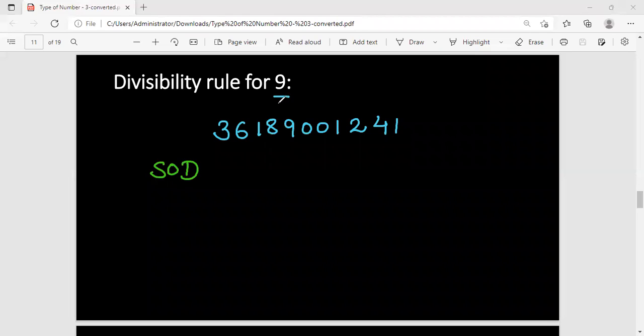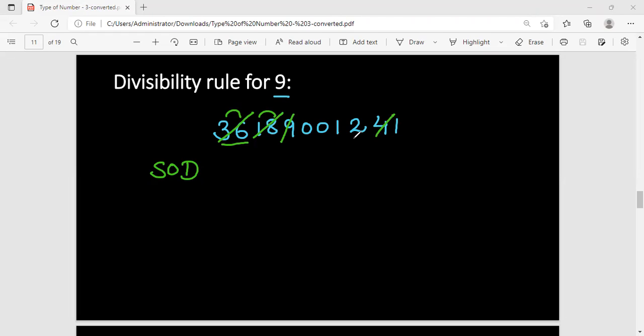We can drop all those numbers which are already divisible by 9. So I can drop this 9, right? 3 plus 6, it is divisible by 9, you can drop that. Rather, 36 is already divisible by 9, you can drop that. You can go either way. Now 18, whether you take 1 plus 8 or you consider 18 only, it is divisible by 9.